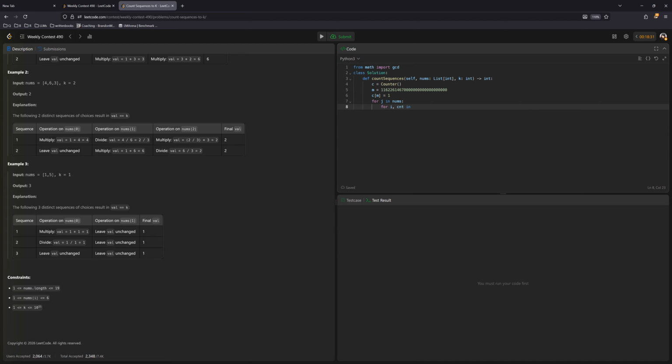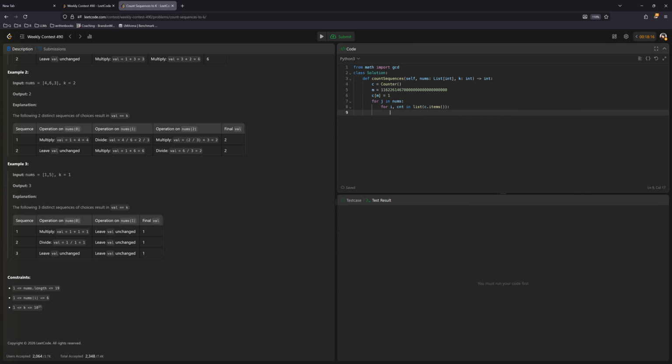Yeah, so every way to arrive at a specific value for i comma cnt in list of C.items.